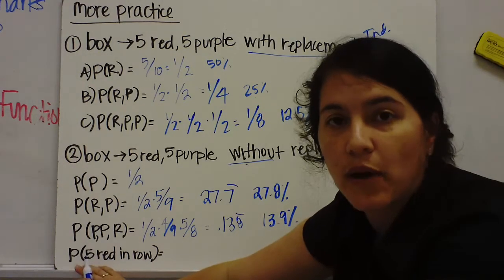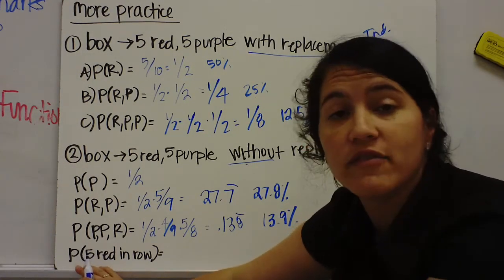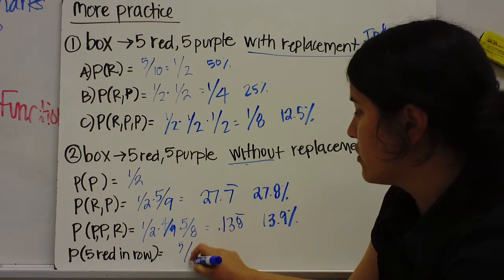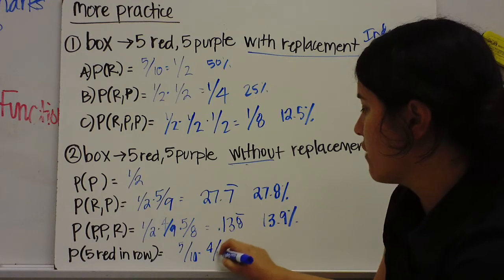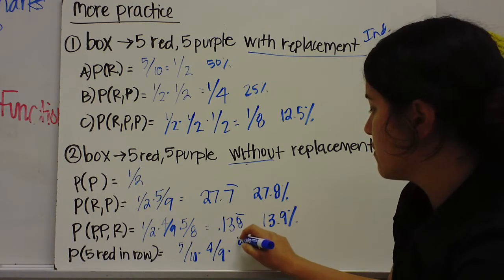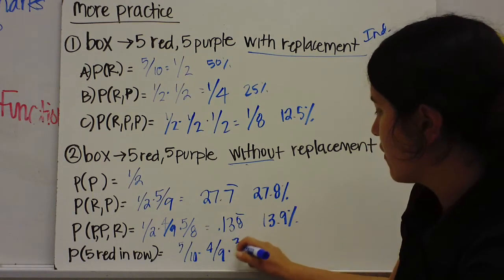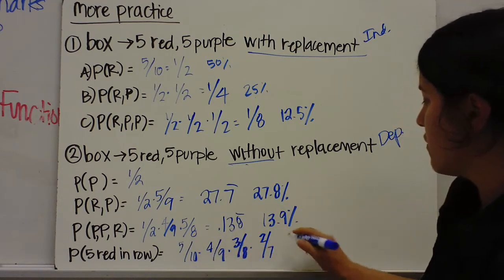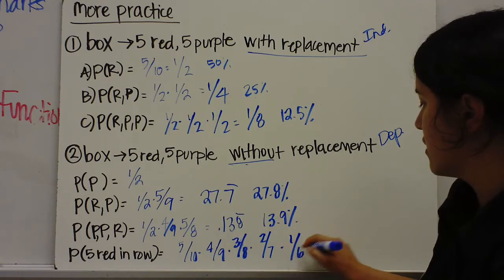And then the last one says the probability of pulling 5 red marbles in a row. So this would be 5/10 times 4/9 times 3/8 times 2/7, and then 1/6.